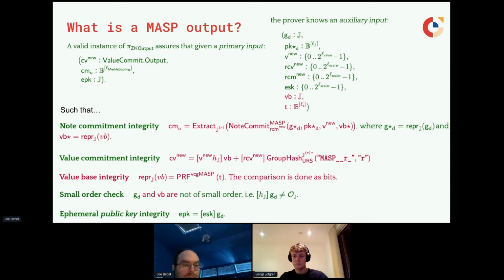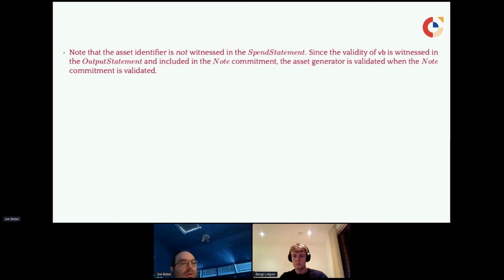We should note now, having observed that this was necessary in the output circuit, that this is not necessary in the spend circuit because you can only create notes with correct asset generators.